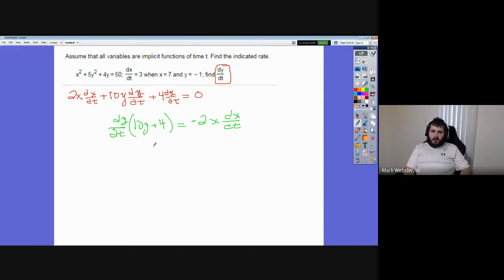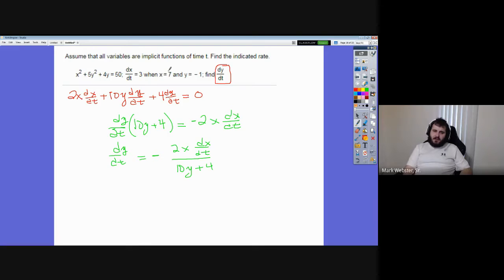And then we can divide that over. And then just plug everything in, right?